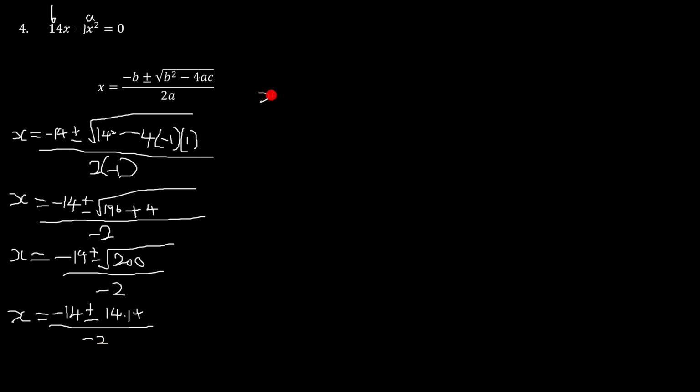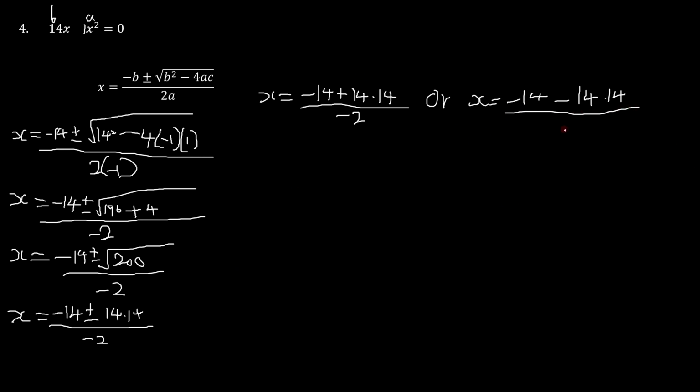So you can come back here and say x is equal to minus 14 plus 14.14 all over minus 2, or x is equal to minus 14 minus 14.14 all over minus 2.